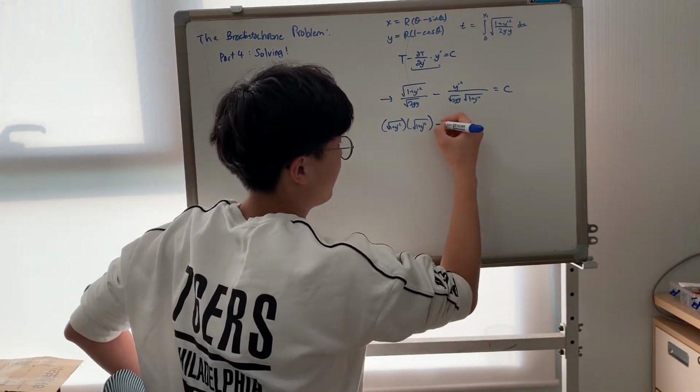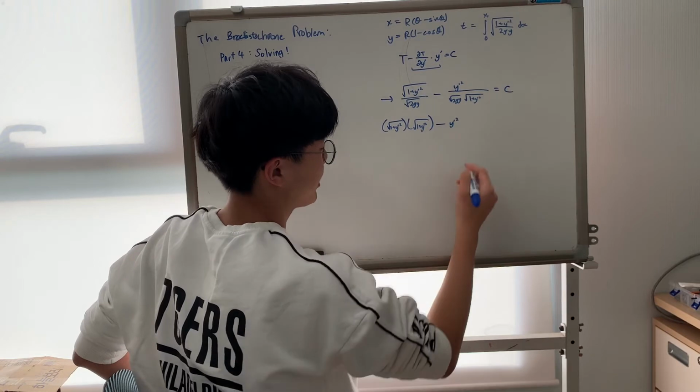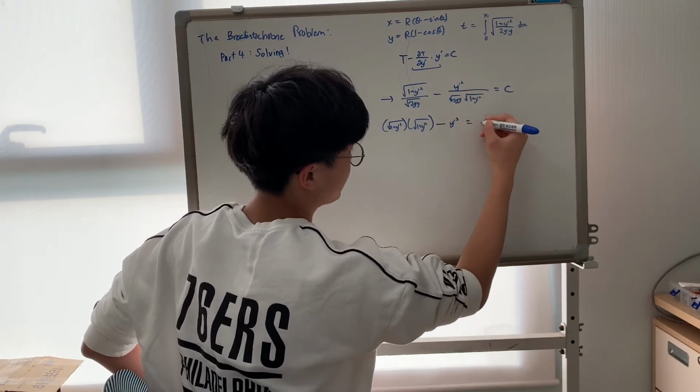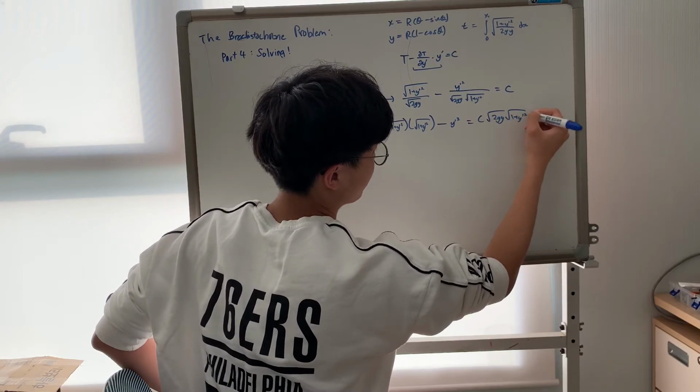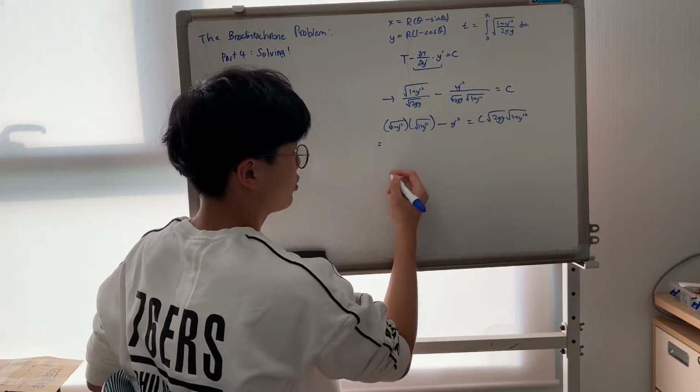And then we do minus y prime squared because the denominator is cancelled out, and we get c times the square root of 2gy times the square root of 1 plus y prime squared.